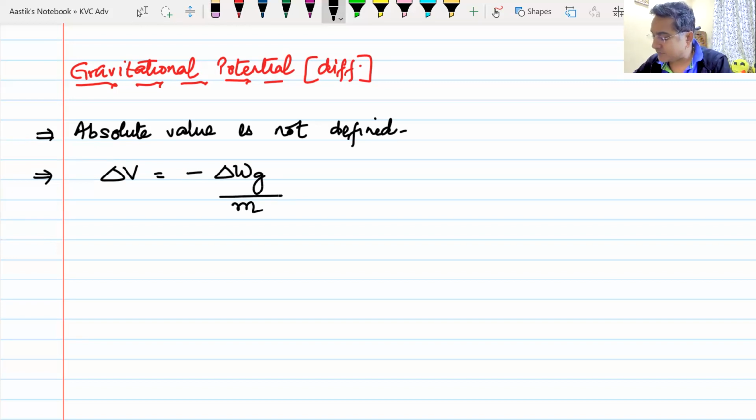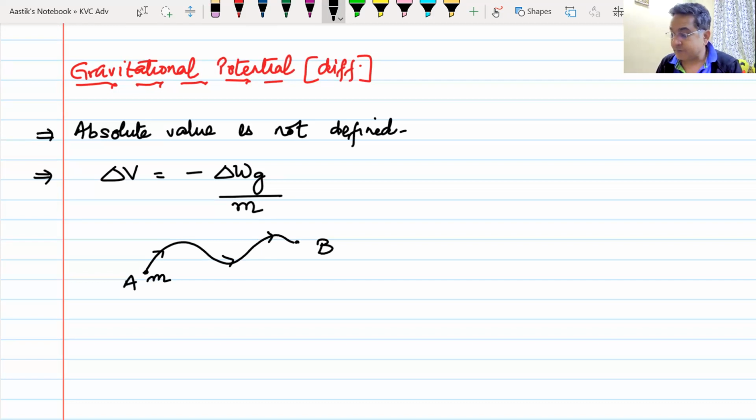What do I mean by this? So, for example, if I have a point A and a point B, and I shift a mass from point A to point B, then the change in gravitational potential, if I call the potential of this point A and the potential of this point B, will be VB minus VA.